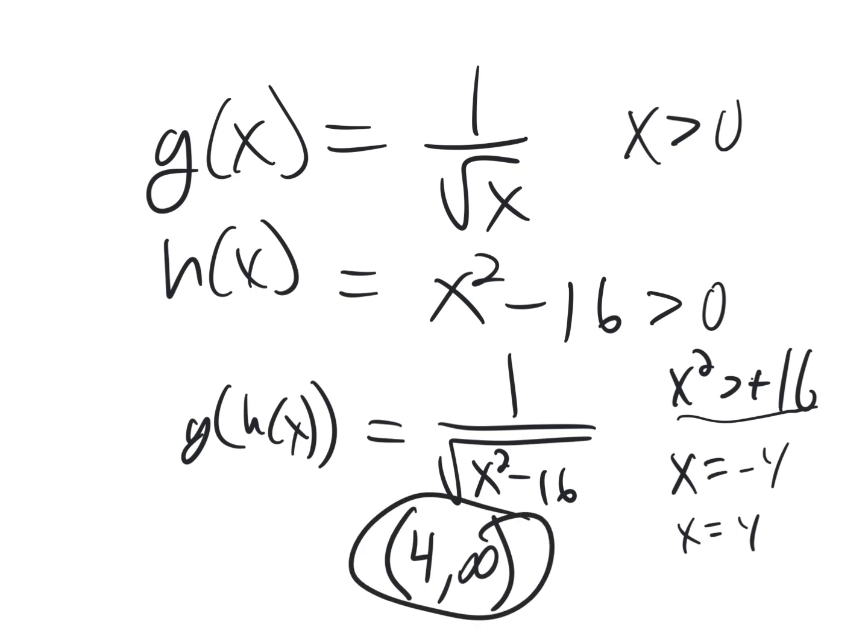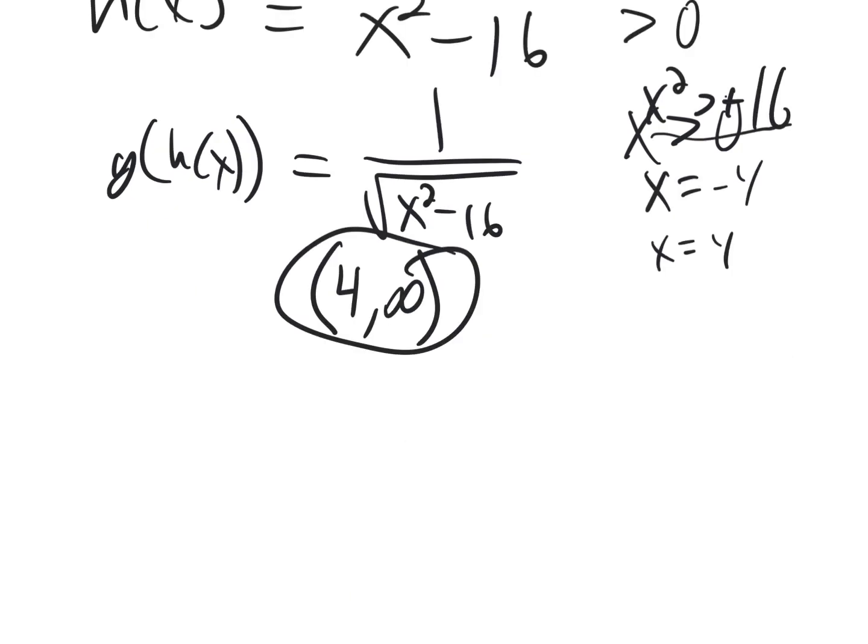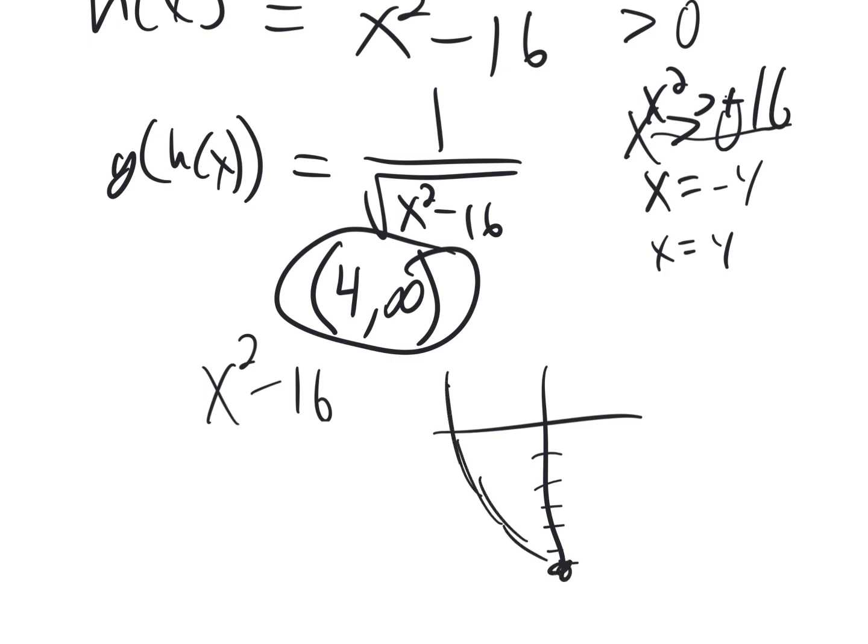Now, why can I ignore anything between -4 and 4? Well, wait a minute here. If I want to think about the graph, let's just concentrate on the graph of x squared minus 16. I know that's a parabola that's been shifted down 16 units, and it looks something like this.